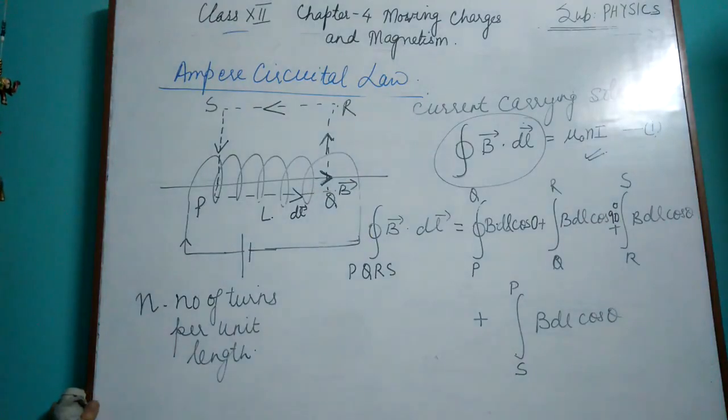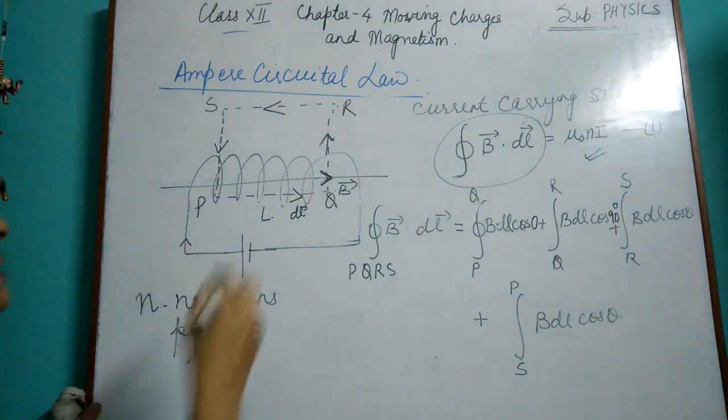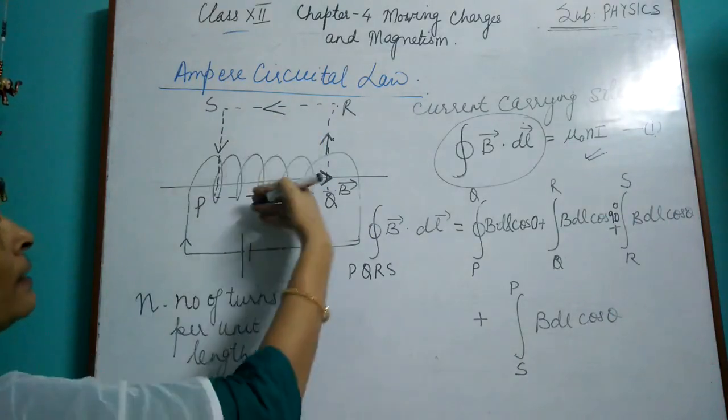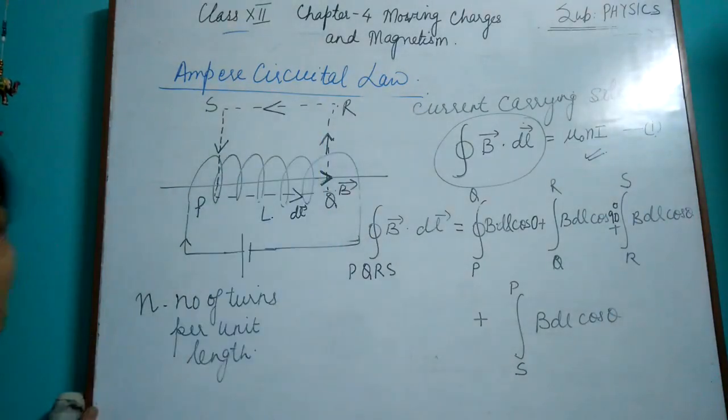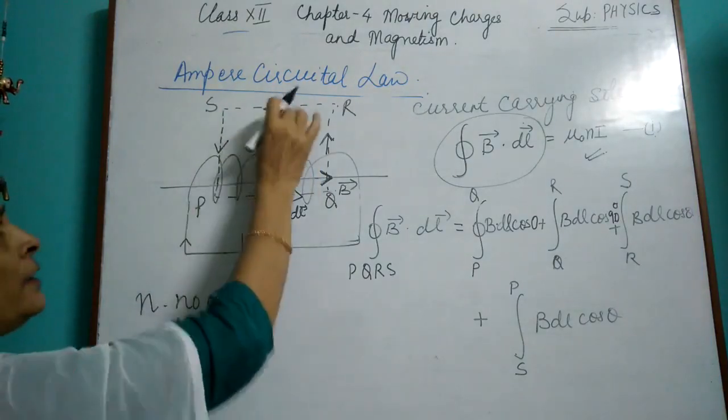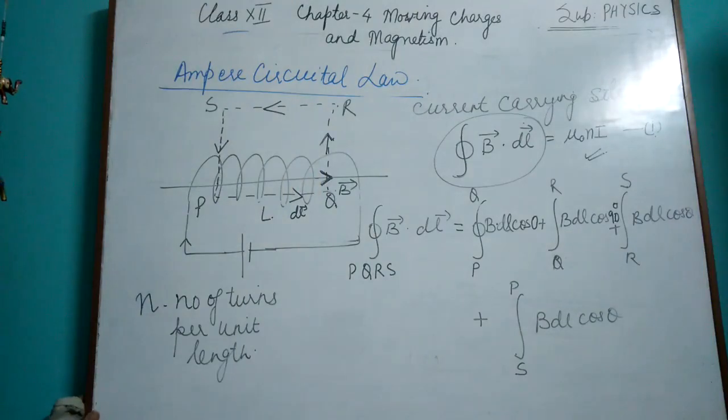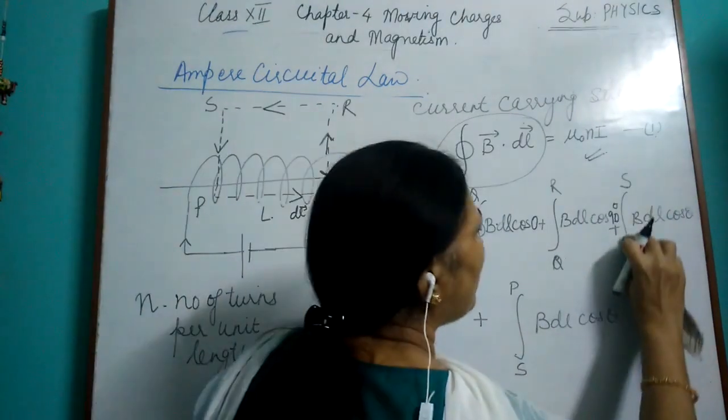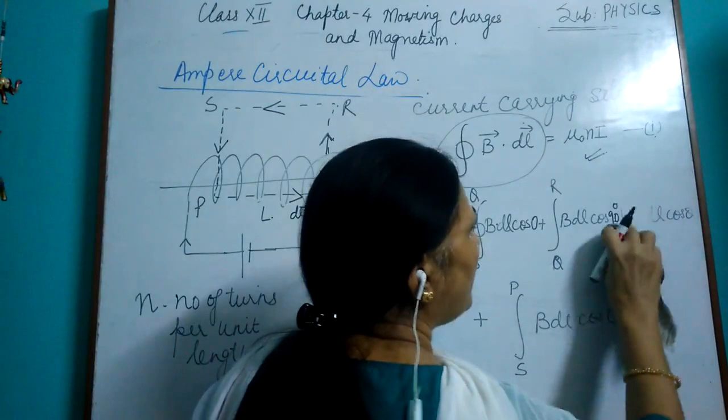But here one more thing is being introduced: since these points are at the equatorial points and outside the solenoid, this approximation is taken for a long solenoid, the magnetic field is approximately 0 at the equatorial points or negligible. So R to S can be neglected.